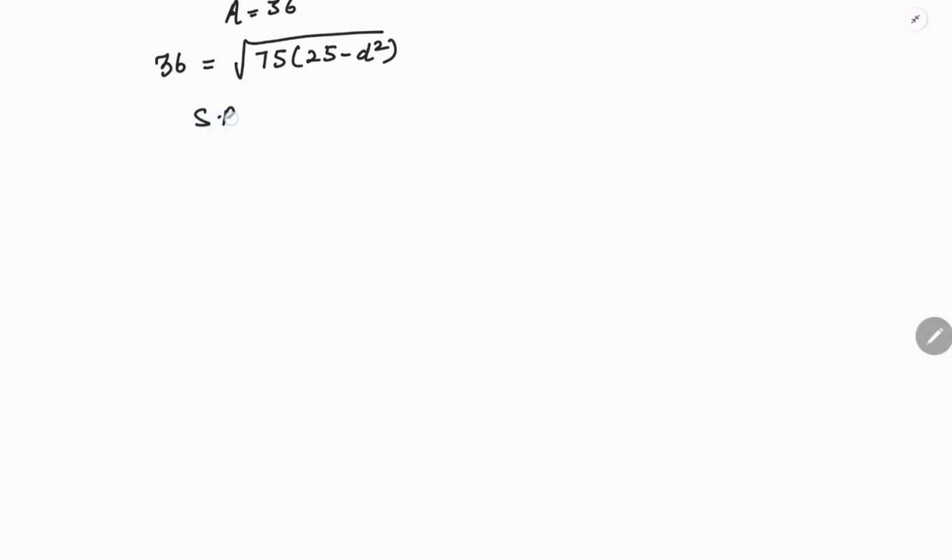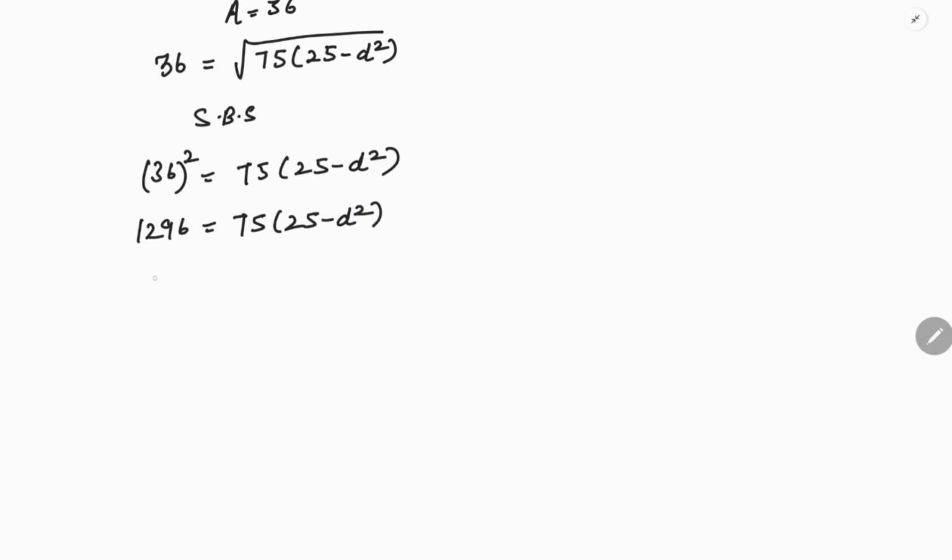Now, squaring both sides. Why are we squaring both sides? Since we have a square root here. So 36 square is equal to 75 times (25 minus d square). What is 36 square? 1296 is equal to 75 times (25 minus d square). Next I will just divide both sides by 75. On the left hand side we have 1296 by 75, and when you divide this, you will get 17.28, which is equal to 25 minus d square.